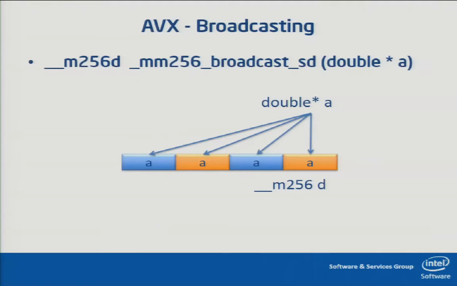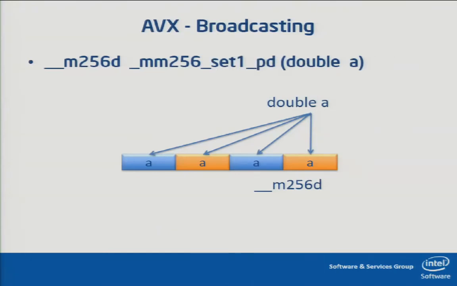It will give you the full vector, but it's marked as sd because it just operates on this single value. It will distribute the value at the pointer A, a memory address by the way, into all the vector elements. There is also a similar operation called set1_pd that will distribute a double value, not a pointer anymore, across the vector. So this is pretty easy.